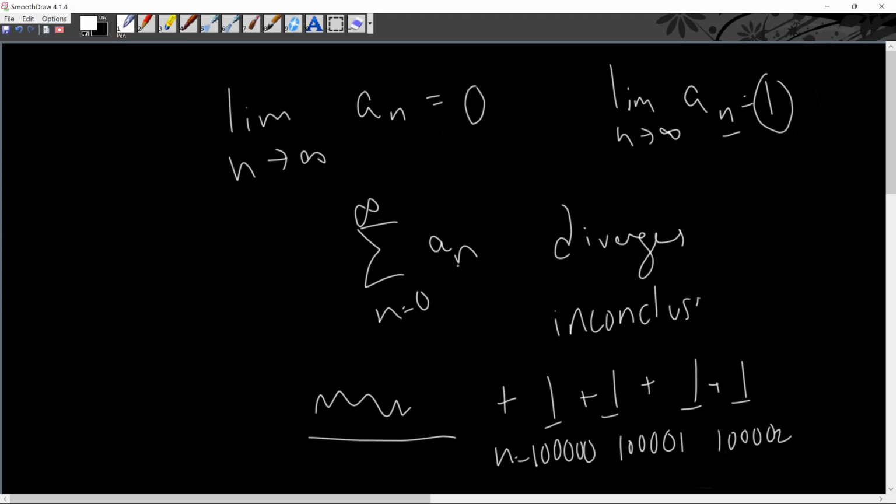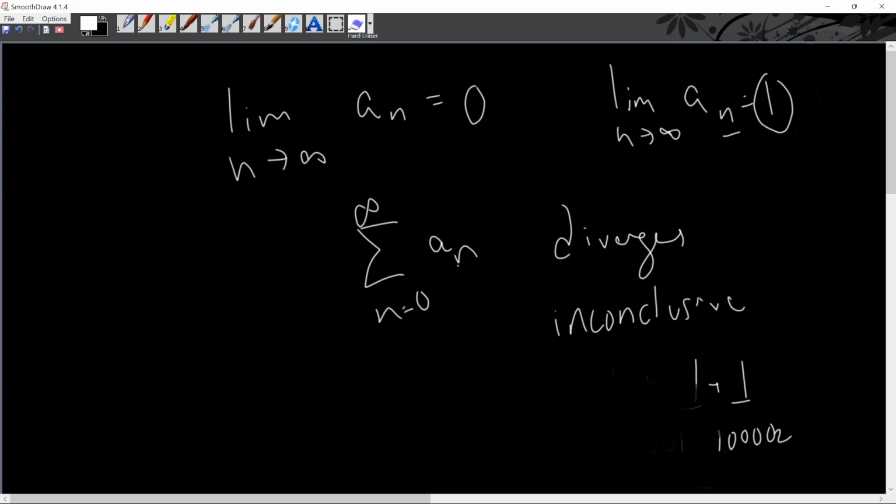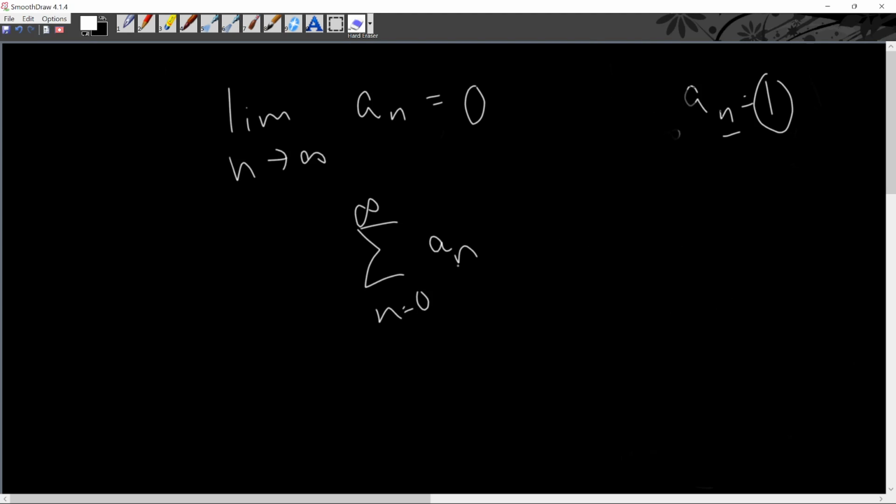For example, as we said, 1 over n is a series that is divergent, but the limit as n approaches infinity of 1 over n is equal to 0, which means that the test can't always be true, right? So we have to say that if the limit does equal 0, it is inconclusive, and we have far more work to actually write.